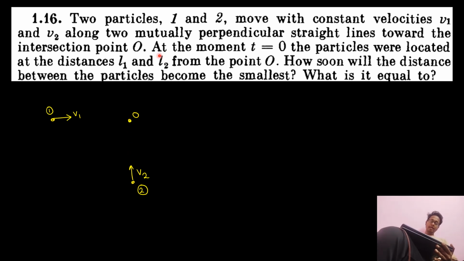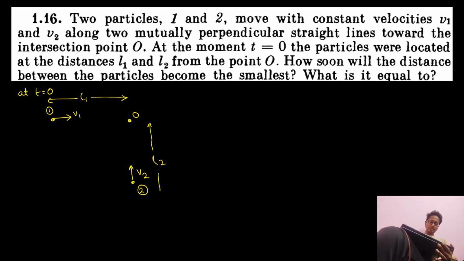At moment t is equal to 0, the particles are located at a distance L1 and L2 from point O. So at time t is equal to 0, this distance is L1 and this distance is L2.